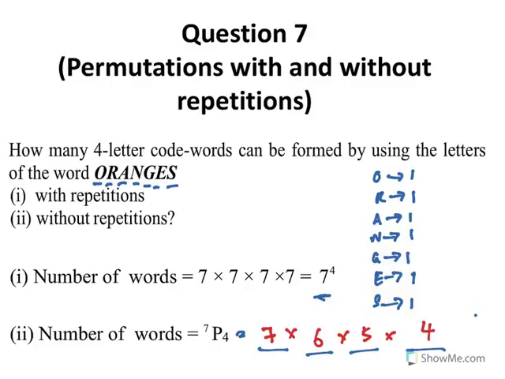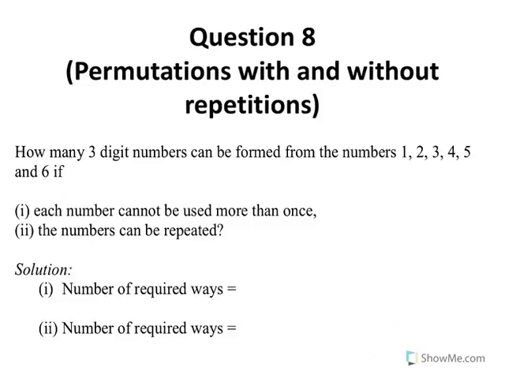Question 8. Numbers can be formed from 1, 2, 3, 4, 5, 6, if each number cannot be used more than once. So this one means it cannot repeat, so this is without repetition.